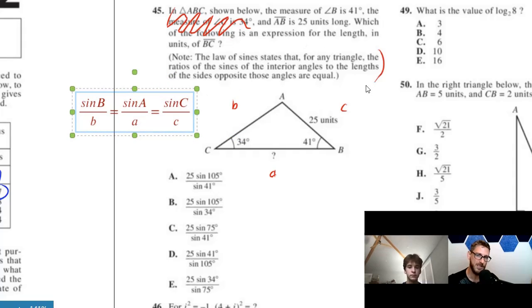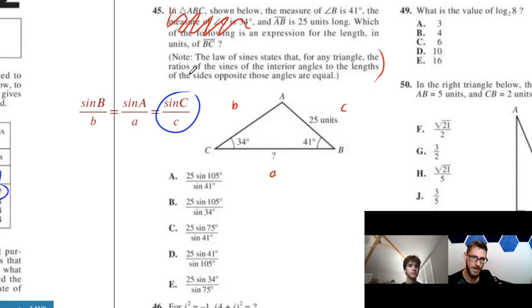And they kind of explain it there. That's very hard to read if you don't already know what the law of sines is. It's pretty hard to parse that, but hopefully that makes sense. And that is going to be super useful here, because if we look at sine of c over c and compare that to the sine of a over a, we can leave b out of it.